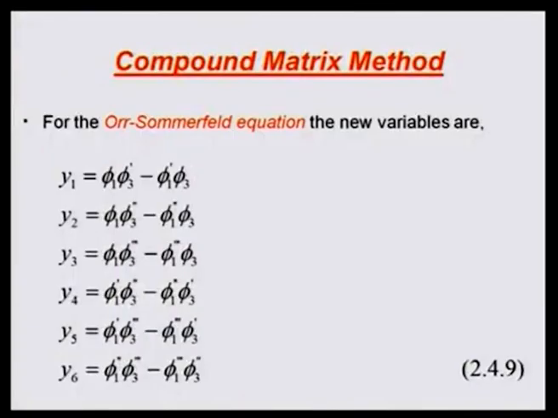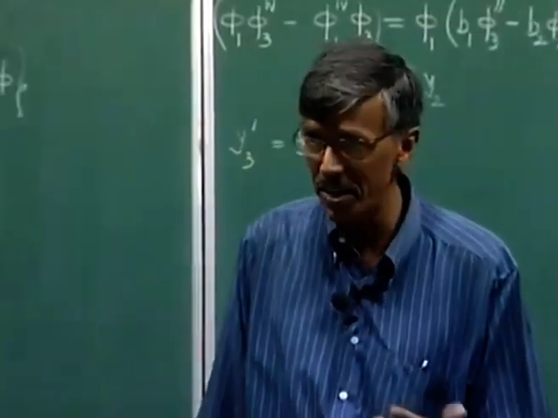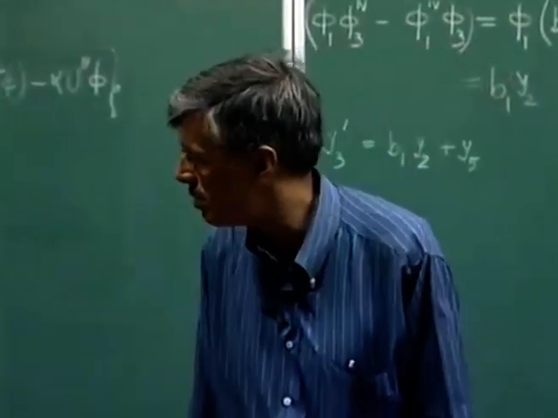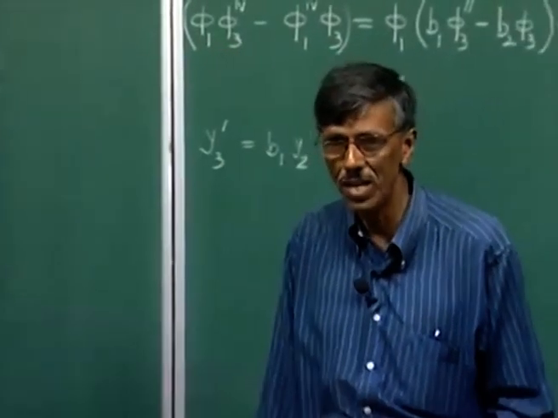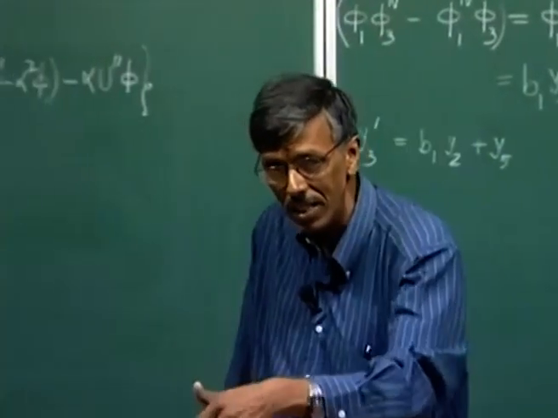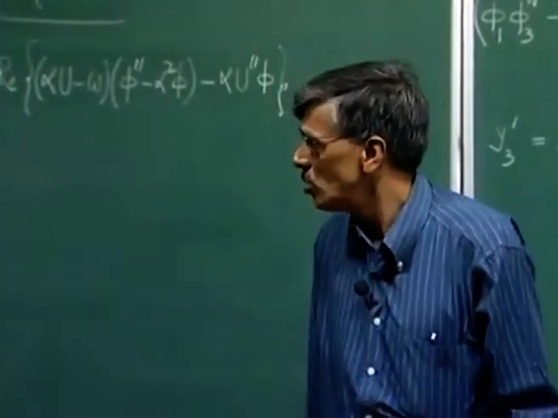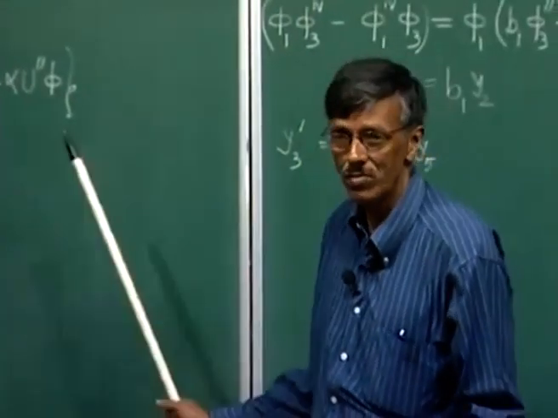And we noted that there is a disparity of scale of variation of these two fundamental solutions. Phi 3 actually grows much more rapidly as you descend inside the shear layer as compared to phi 1. So, this disparity causes the stiffness problem.